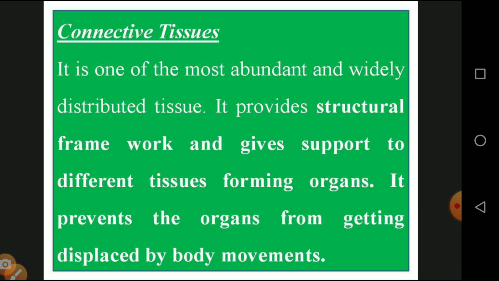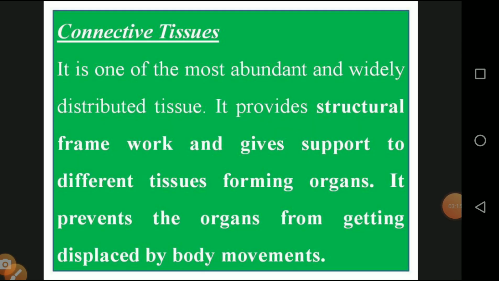Connective tissue is the most abundant and widely distributed tissue. Without connective tissue, our body is not stable and organs are not held together properly. It provides the structural framework and gives support to the different tissues forming the organs.